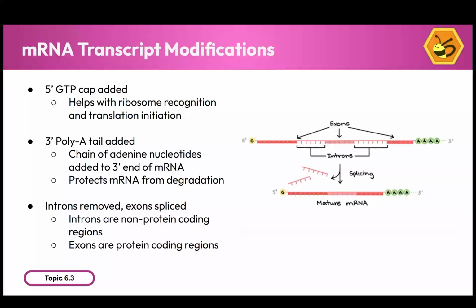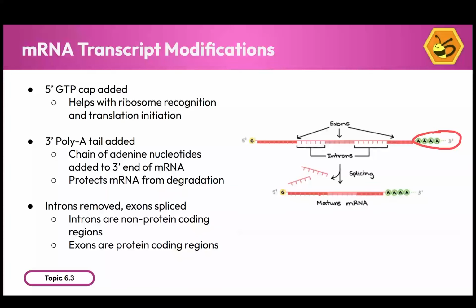So first, a GTP cap is added, and this helps with ribosome recognition and translation initiation. Next up, a 3' poly A tail is added, and this is a long adenine tail. Sorry, the GTP cap, that's guanine. The poly A tail is a super long adenine nucleotide chain added onto the 3' end of RNA, and this helps protect mRNA from degradation.